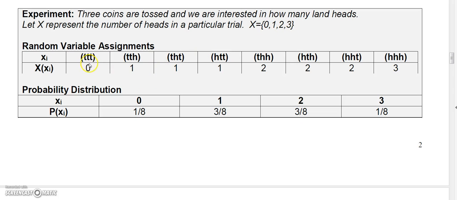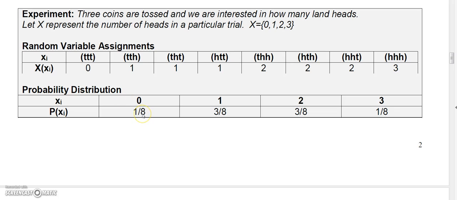So now I could actually give the probability distribution for these values 0, 1, 2, and 3 by looking at this. Let's let this first row be the possible values of my random variable, 0, 1, 2, or 3. And now let's let the second row be the probability of each of these. Notice there's 8 possible ways the coins could land, and there's only 1 way out of 8 to get no heads.